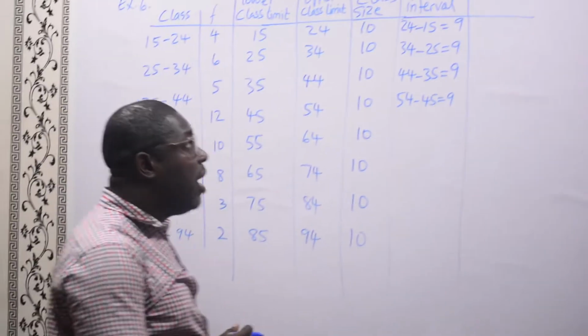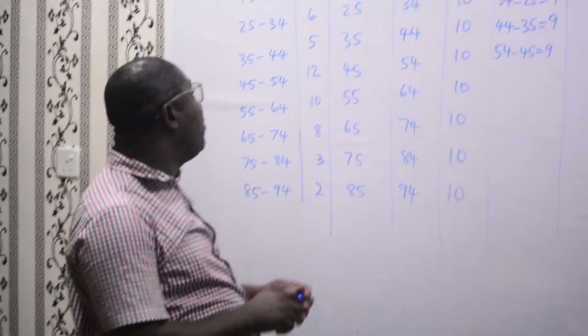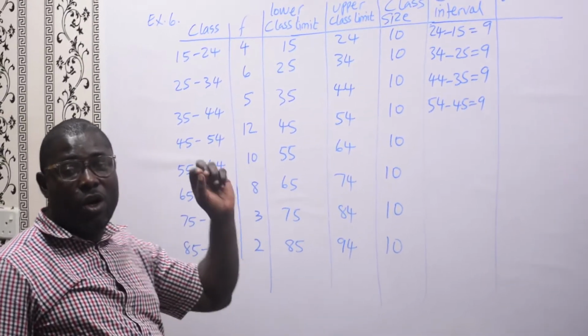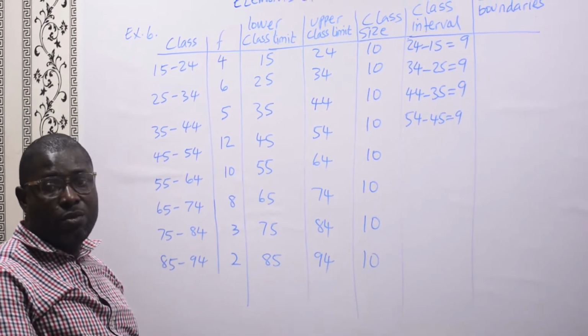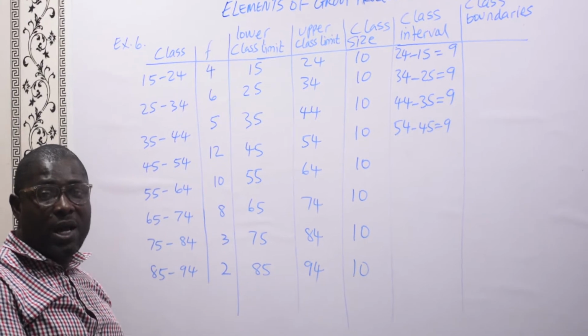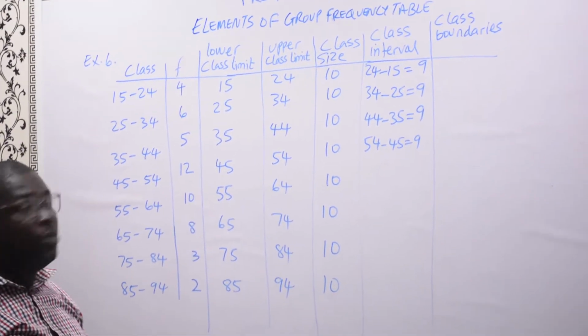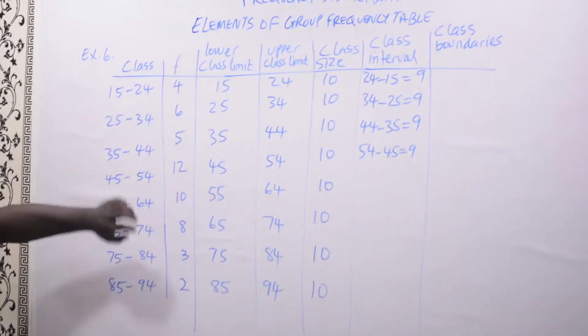Class boundary. Now the class boundary is derived by having the difference between the upper class limit of one class with the lower class limit of the next class, and we divide by 2. In this case, look at up here, please zoom to this point.